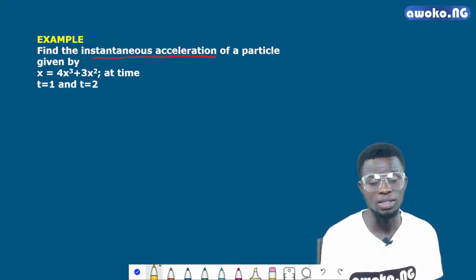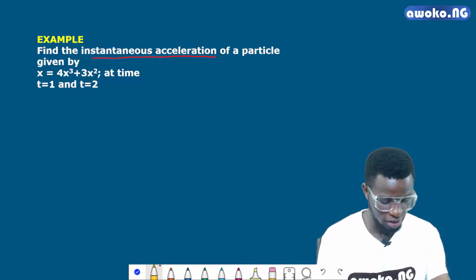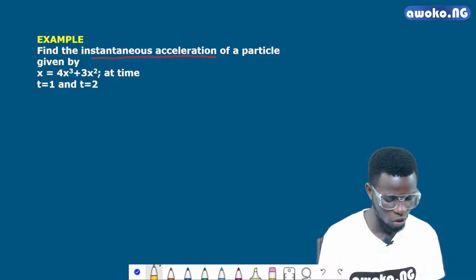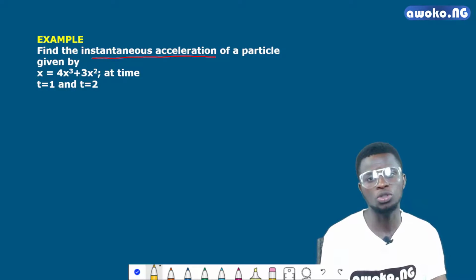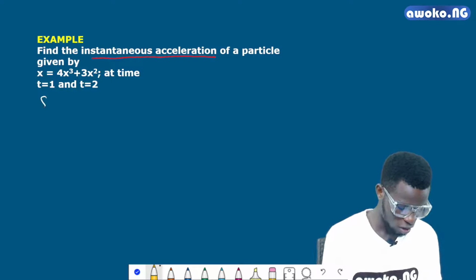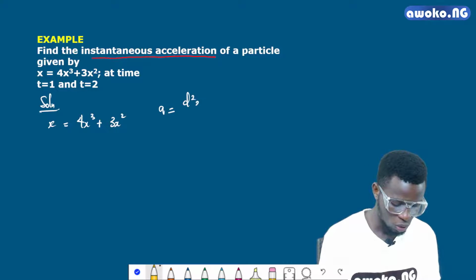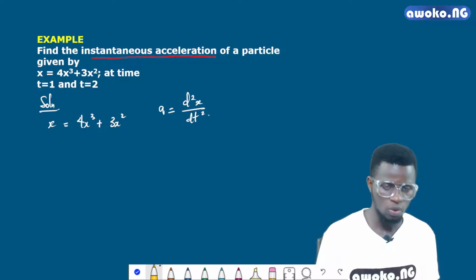Because instantaneous acceleration is the second derivative of displacement, our task here is to look for the second derivative of the displacement and then substitute the values of t equals 1 and t equals 2 in the equation. So our solution: since x equals 4t cubed plus 3t squared, acceleration is d squared x over dt squared, that is the second derivative of the displacement equation.